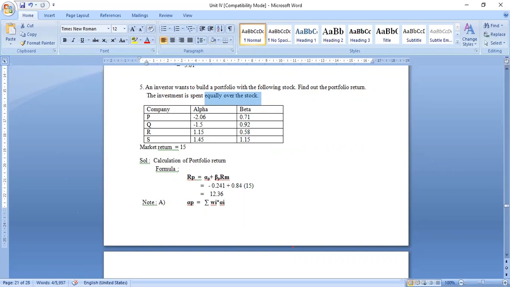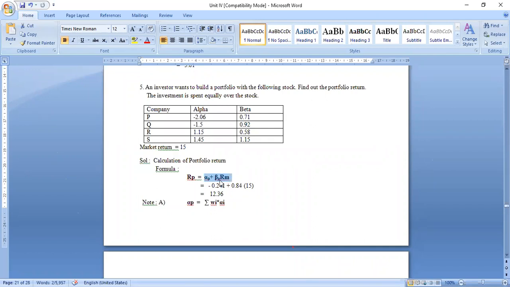15%. So now we will start with this formula, which is important to remember, because based on this formula we are going to organize the calculation into working notes and just place the final values in the formula. So alpha p, which we discussed in the theory in the previous class, refers to the returns on individual securities, and portfolio beta is again trying to capture the movement of securities in reflection of market return.